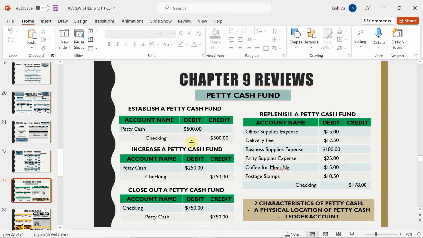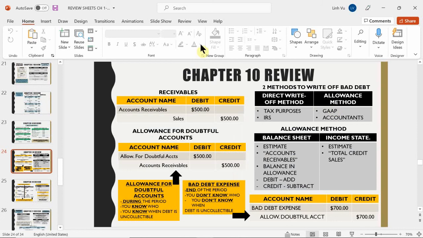And then chapter 9, I only need you to know how to establish and how to replenish. Okay, a petty cash drawer. For chapter 10, of course, since chapter 10 had the most calculations, you do need to know the difference between the allowance and, of course, the bad debt expense, like when to use it.